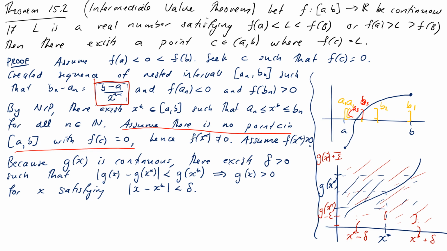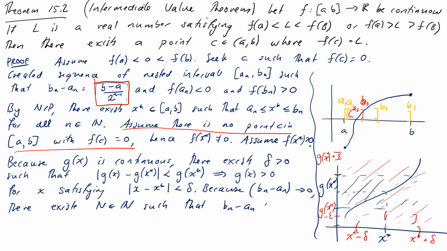So because bn minus an, treated as a sequence, converges to 0, there is an n in our natural numbers such that bn minus an is less than delta.